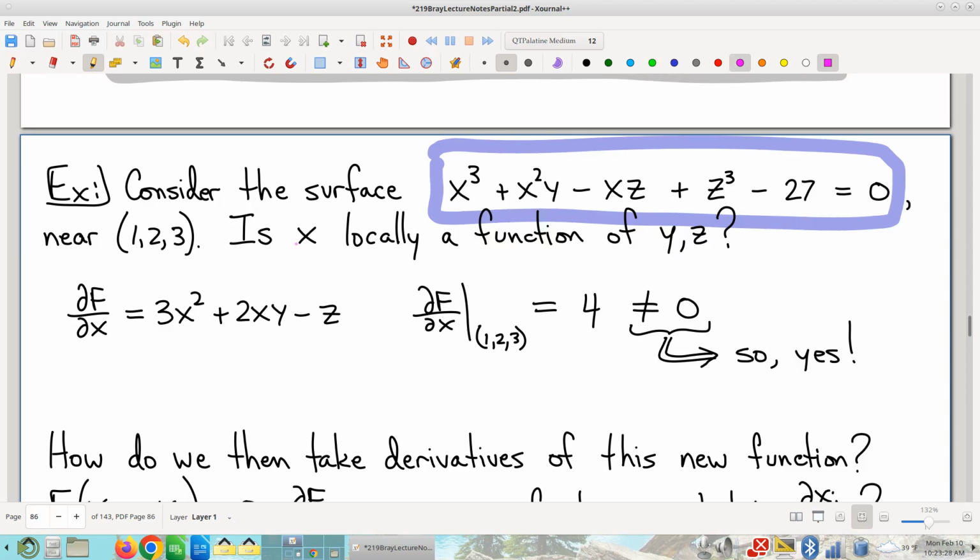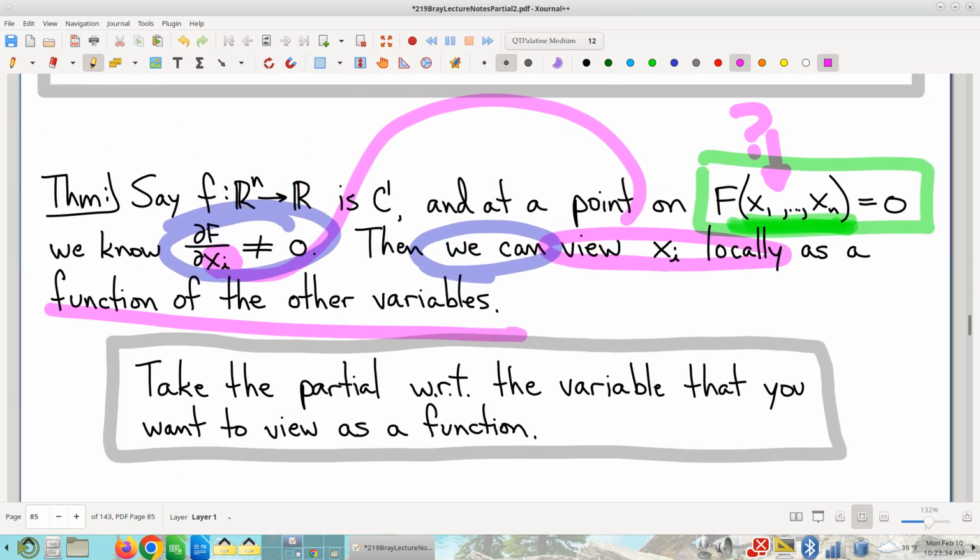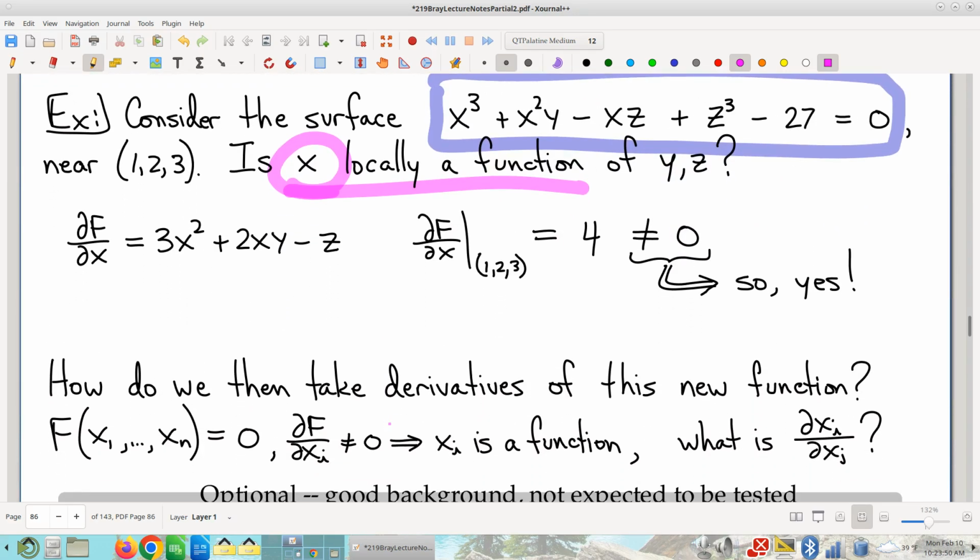We're going to ask exactly the question that our theorem is made to answer. Namely, I'm going to ask, is x locally a function of the other variables? And reminder, our rule here: whichever of these input variables you want to view locally as being a function, we're going to take the partial with respect to that variable. All right? It's very, very explicit. And so, cool.